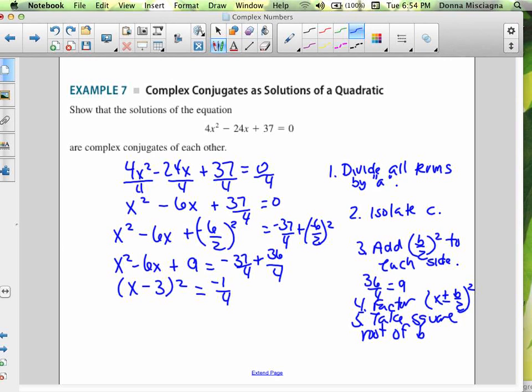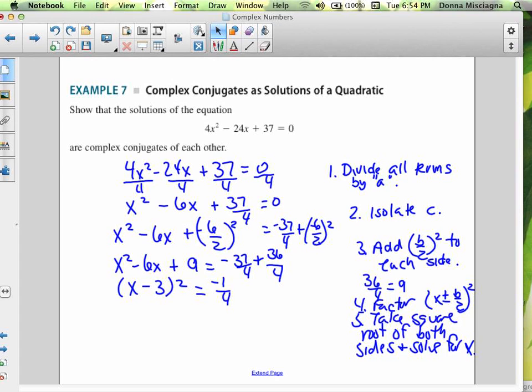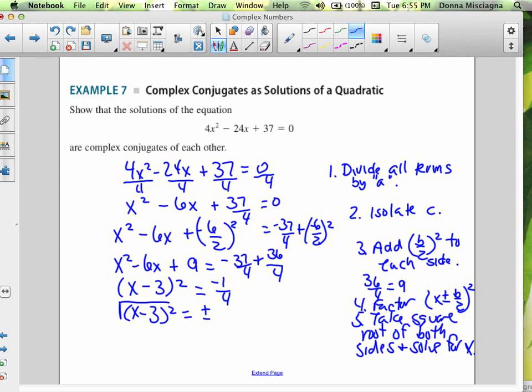And then our last step would be to solve for x. And this is an x. It looks a little like a y. There. Now it looks like an x. All right, so take the square root over here, equals plus or minus the square root of negative 1/4.